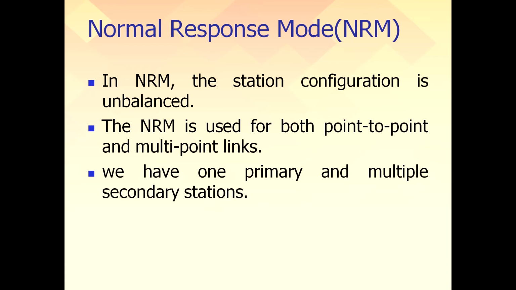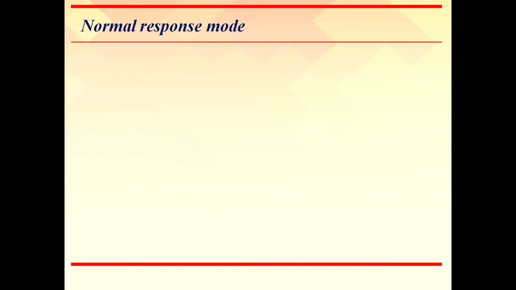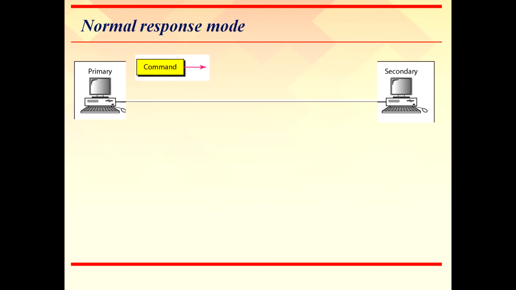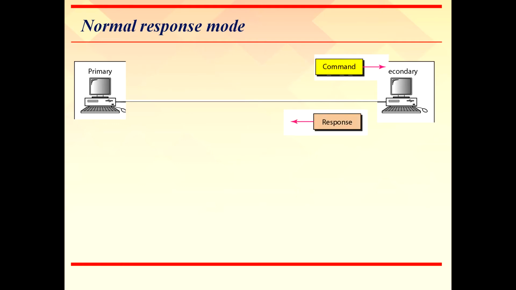In normal response mode, the primary station and secondary station are the two stations in a network. The primary station always sends the commands to the secondary station. The secondary station receives the commands and gives the particular response to the primary station.